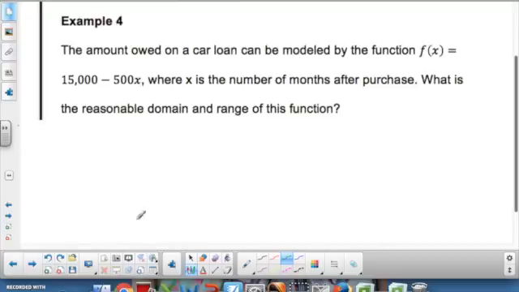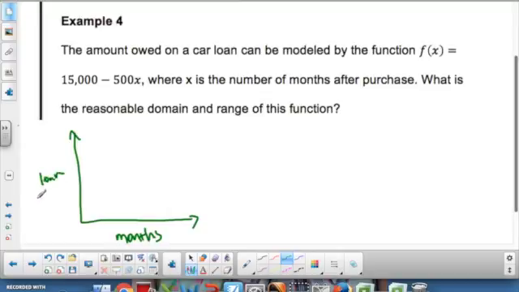So to help better explain this, I'm going to draw a sloppy little graph here, where my x-axis is the number of months, and y is going to be the amount owed on the loan.